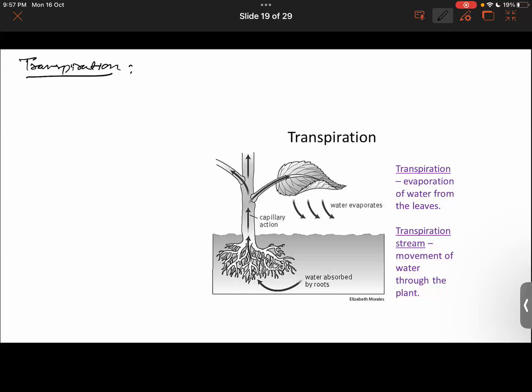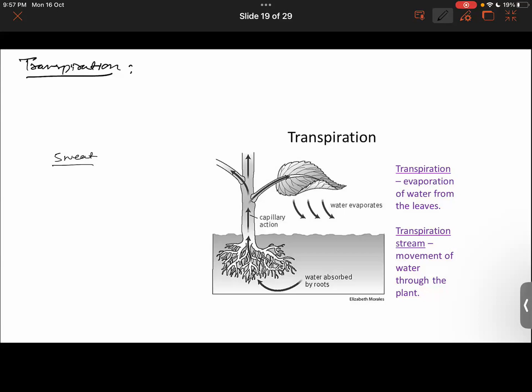When the human body sweats, if you were to sit under a fan after playing, and you are sweating too much, after some time, do you feel cold or not?